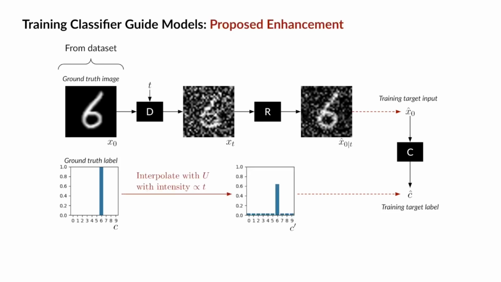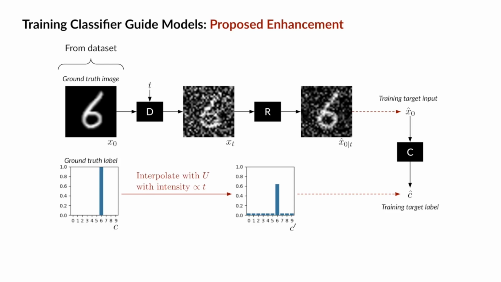We propose to also blend the ground truth label with a uniform distribution with intensity proportional to this timestep value t. So essentially we're addressing the overconfidence issue by explicitly training the classifier to be less confident, and specifically less confident in proportion to t.